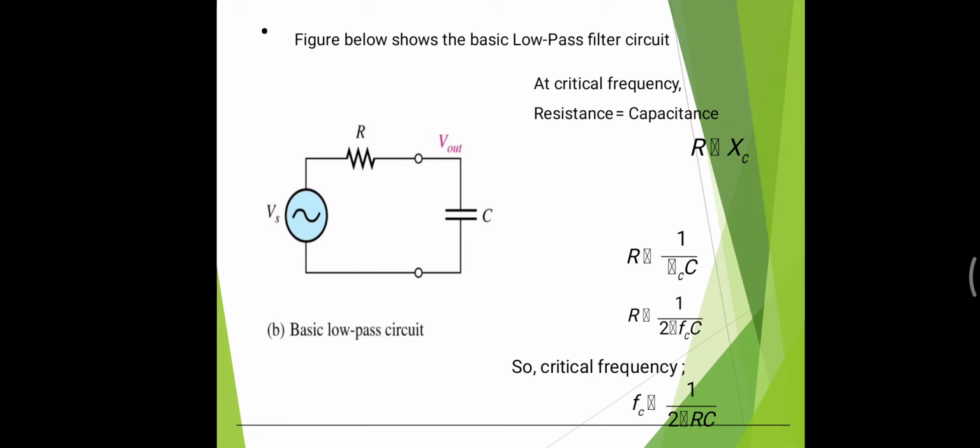We can see that in this circuit there is an input voltage with resistance and capacitance, but the capacitive reactance and resistance are equal at the critical frequency condition. So R equal to 1 divided by 2 pi F C. So the critical frequency formula we get is F critical equal to 1 divided by 2 pi RC.